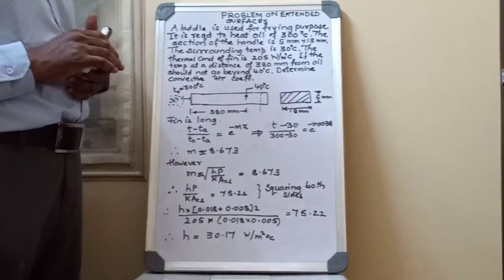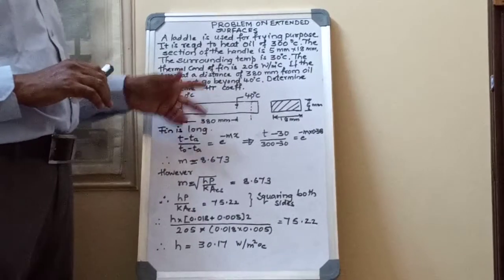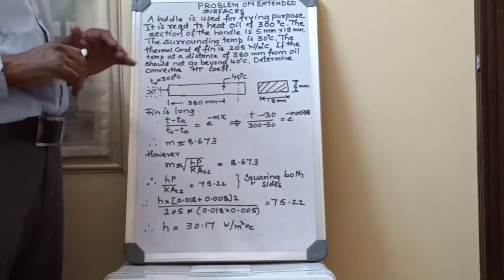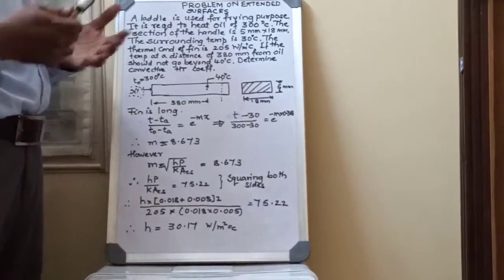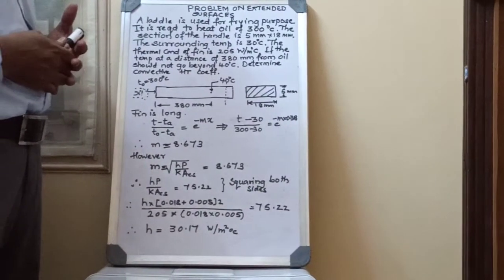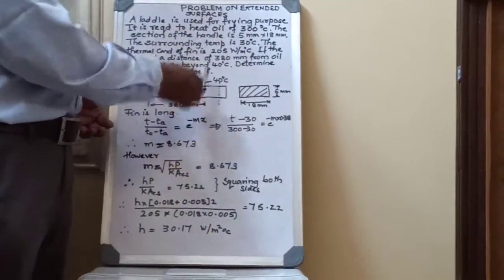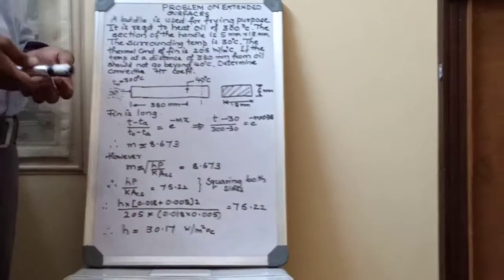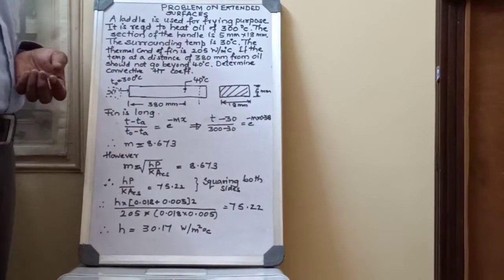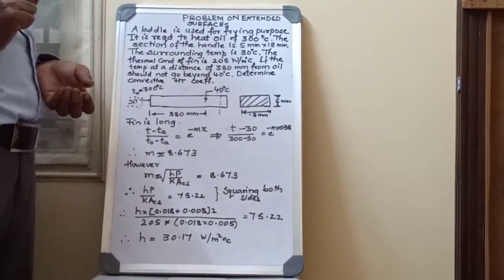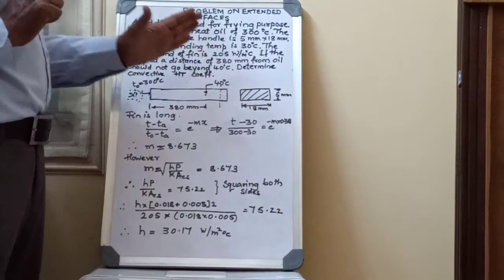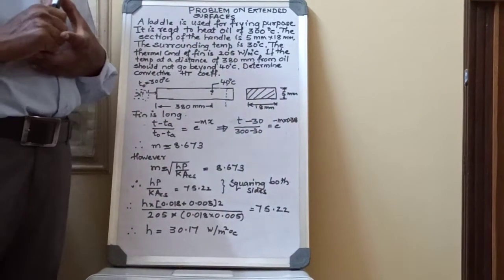They have asked for the convective heat transfer coefficient. The given things are: surrounding air temperature is 30 degrees centigrade, and the conductivity of the ladle material is 205 watt per meter degree centigrade. What they have asked is to determine the convective heat transfer coefficient.